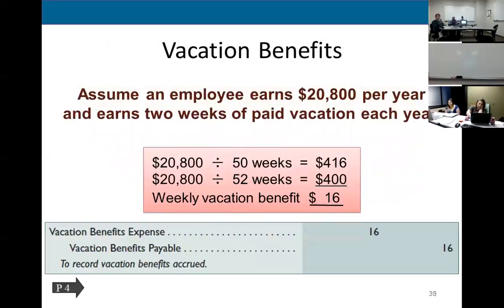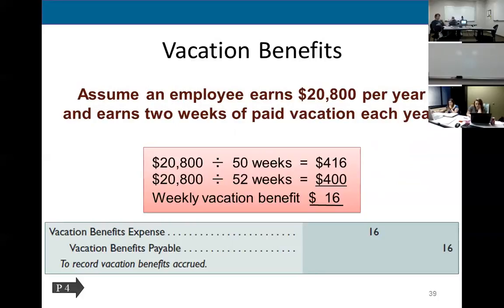Vacation benefits. I'm going to assume an employee earns $20,800 per year and earns 2 weeks of paid vacation. And what's their weekly vacation benefit expense? $16.